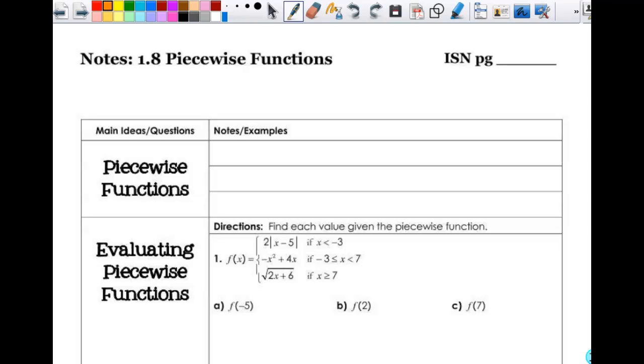So this is called piecewise functions because we are looking at pieces of functions, all right?